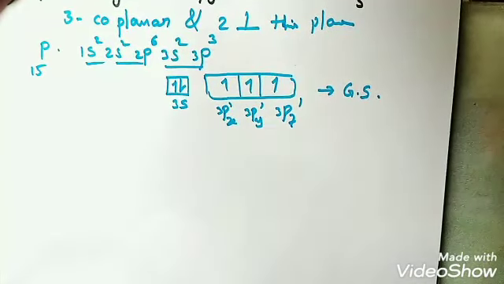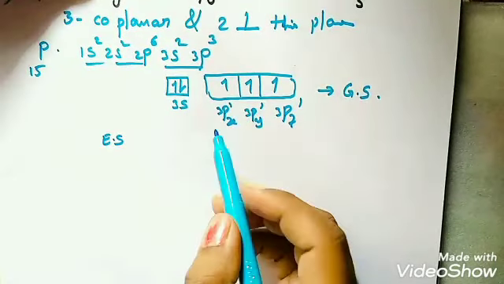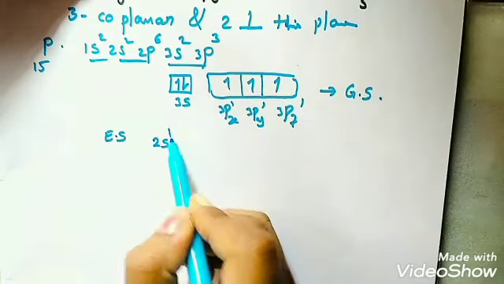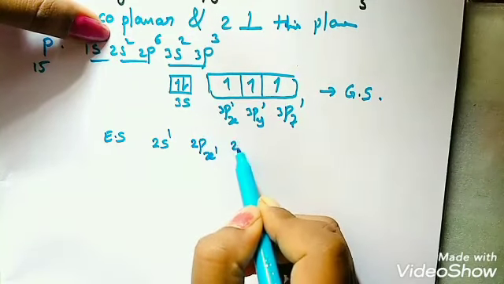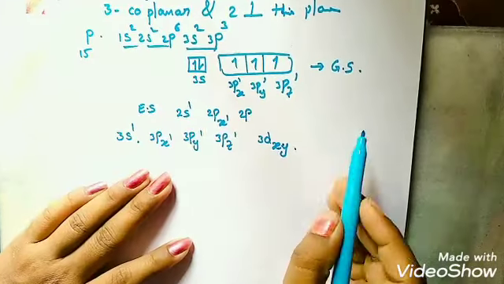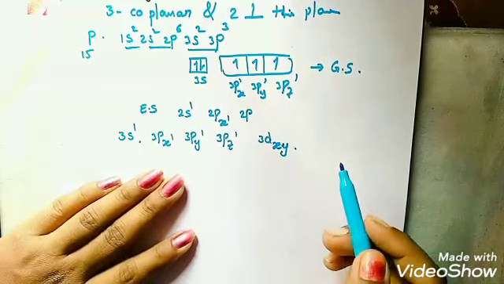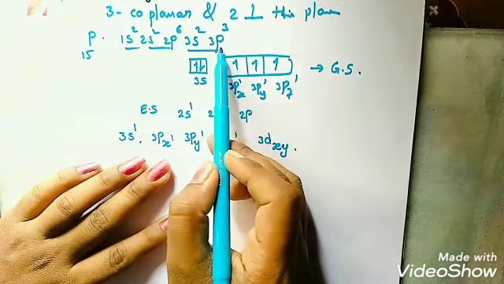Now students, if you see the excited electronic configuration for this phosphorus, it can be seen here, 3s2, 3p3.